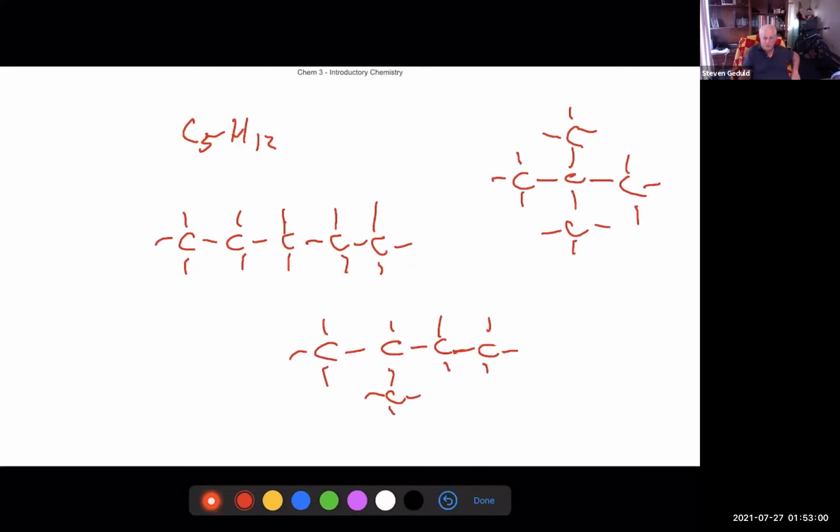Again, different isomers, and the more carbons you put, the more there are. You can go up to hundreds of different types of isomers. But you have to realize an isomer is the same chemical formula, same number of carbons, same number of hydrogens, but a different chemical structure, different shape. The different shapes will have different physical properties, different melting points, different boiling points, etc. So those are isomers.